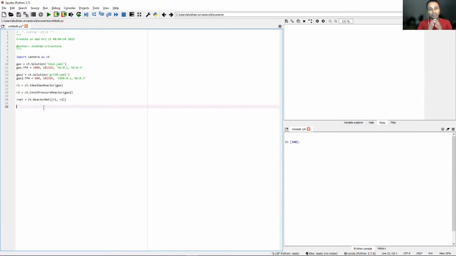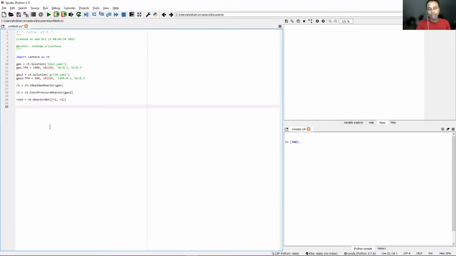Once we initialize a reactor, which in this case is R1 and R2, we initialize them at t equals 0, right? Now, if the reaction has to proceed, we have to step the reactor in time. So we have to step in time to integrate the thermodynamic condition of the reactor.